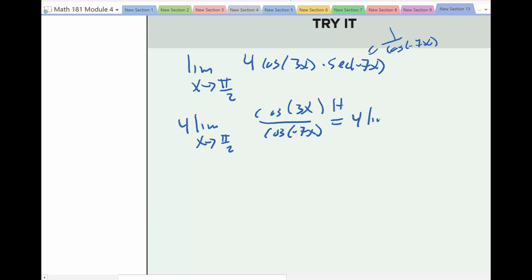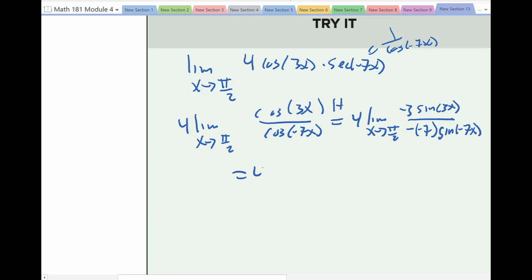We have 4 times the limit as x approaches pi over 2, and the derivative of cosine is negative sine, so it's going to be negative 3 sine of 3x. That negative 3, the negative because the derivative of cosine is negative sine, the 3 because of the chain rule, from the derivative of the 3x, over, we have a negative 7 times sine of negative 7x.